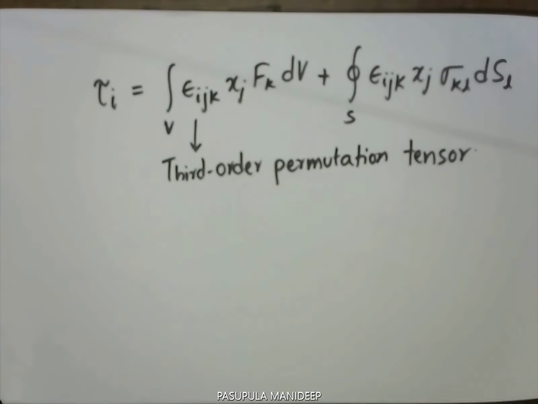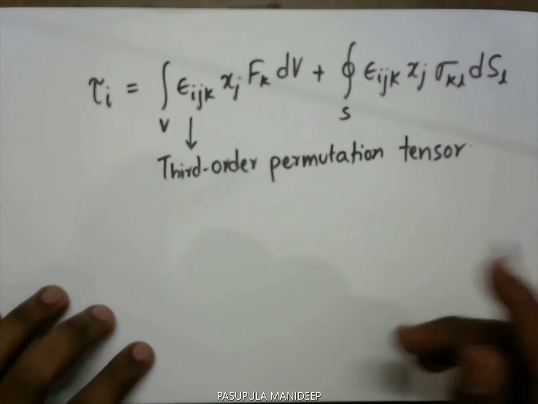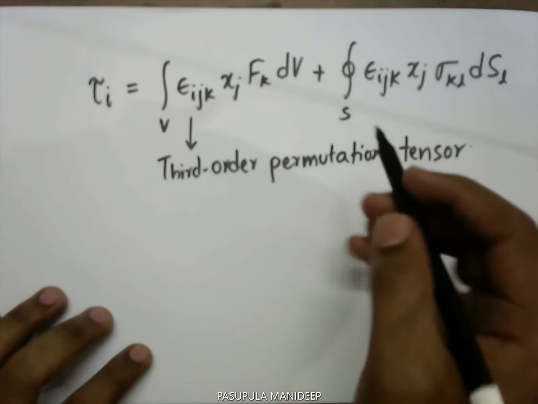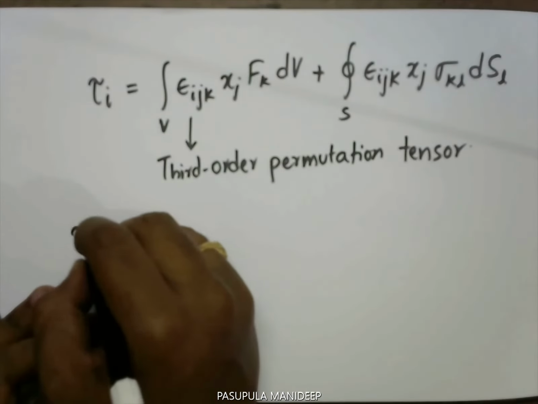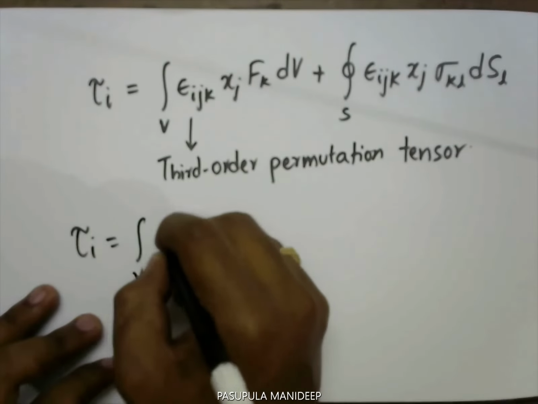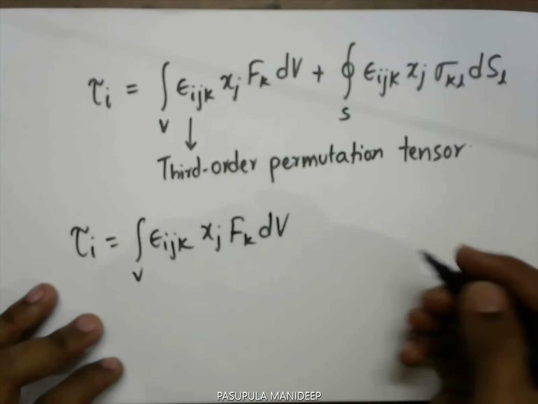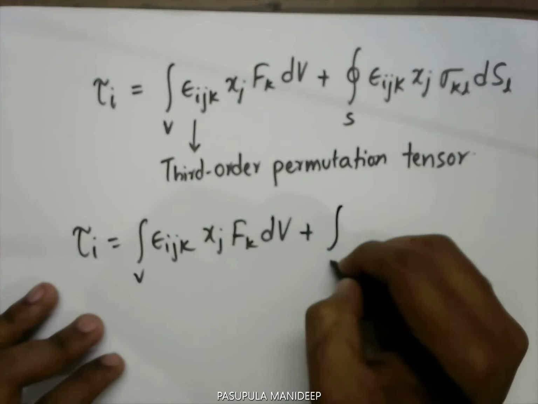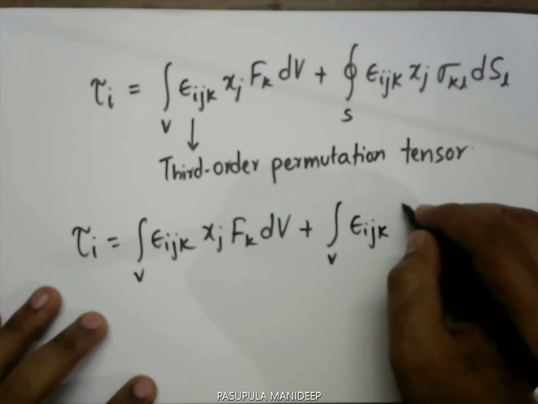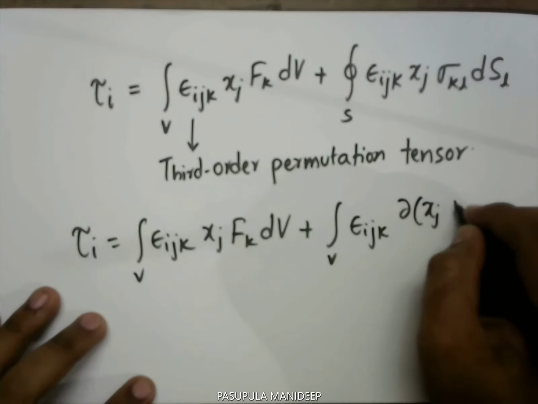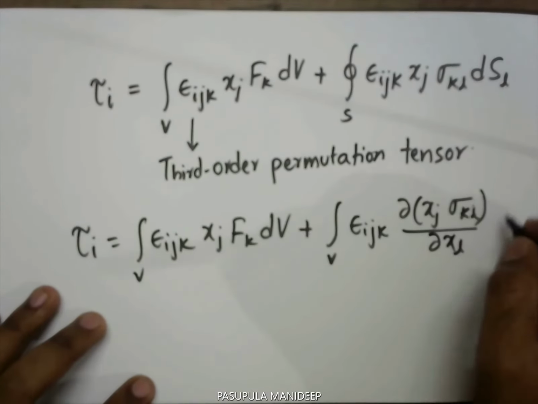Now, in a fashion similar to the previous derivation, let us convert the second term of the right hand side using the divergence theorem. By the divergence theorem we can write that as the integral over V of epsilon ijk del (xj sigma kl) by del xl dV.